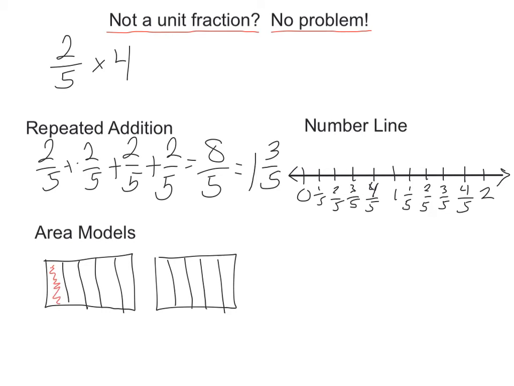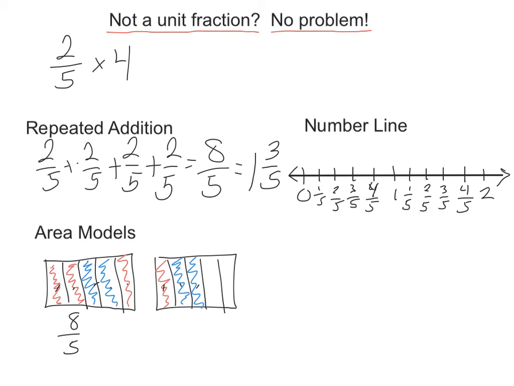So I'm going to shade 2/5. Switch colors here to show that I'm shading another 2/5. I need to shade another 2/5. So I've done it 3 times there, and now I need one last time, 2/5. So when I count how many fifths that I've shaded, 1, 2, 3, 4, 5, 6, 7, 8.